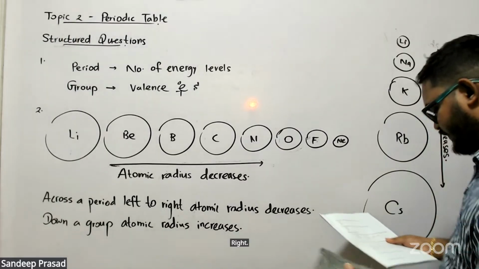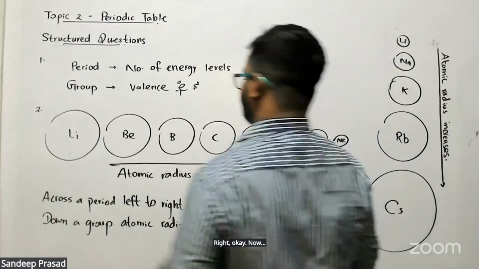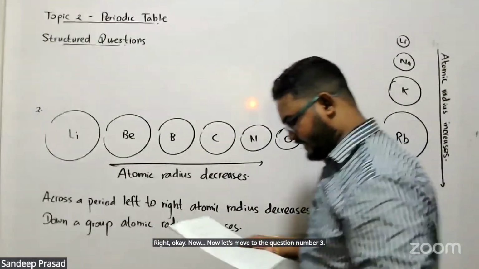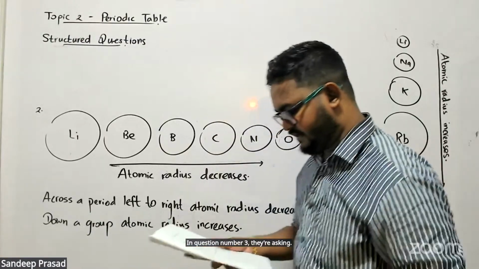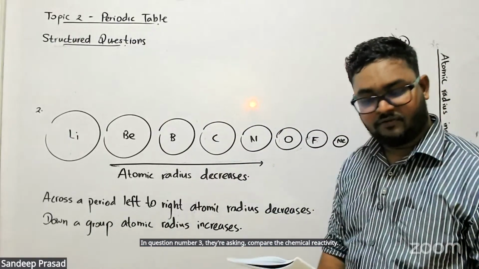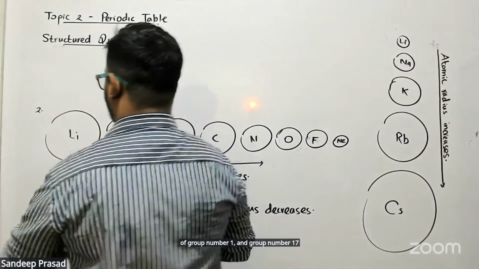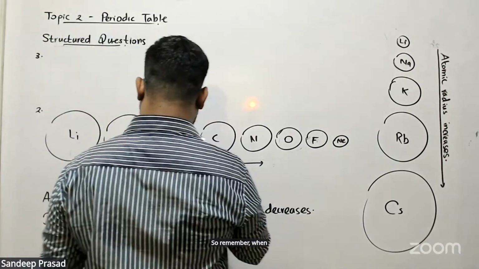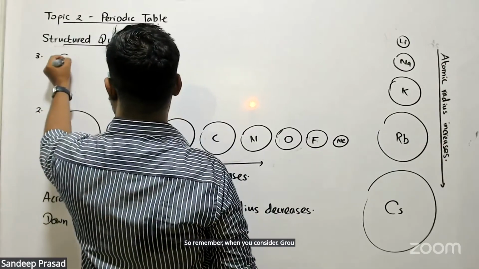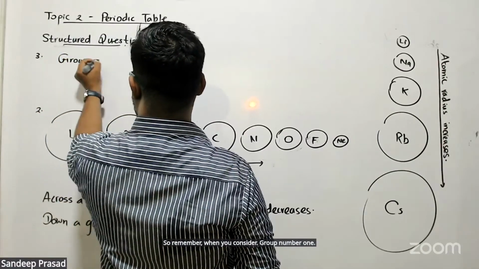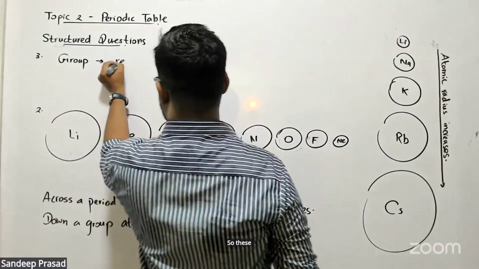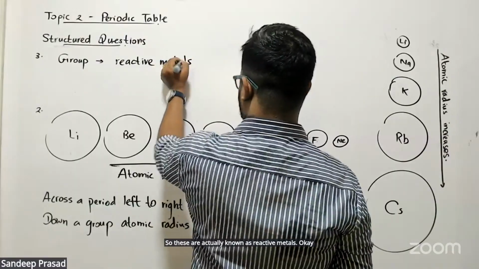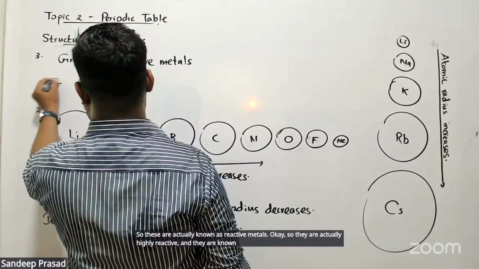Right. Okay. Now let's move to question number 3. They're asking, compare the chemical reactivity of group number 1 and group number 17 elements. Remember, group number 1 elements are known as reactive metals.